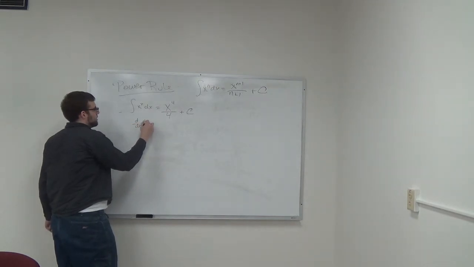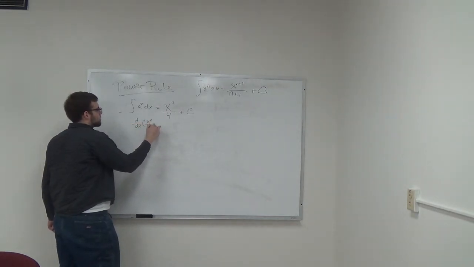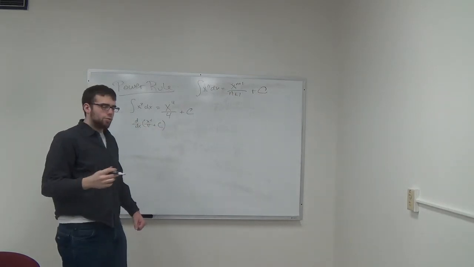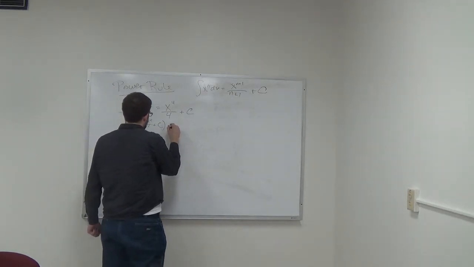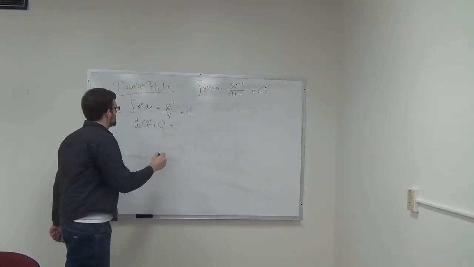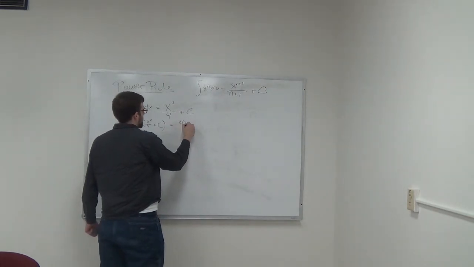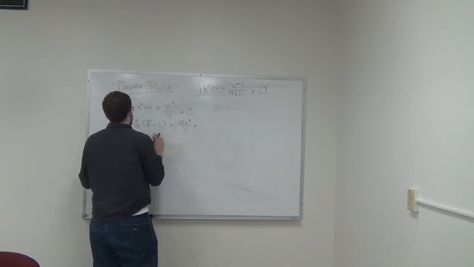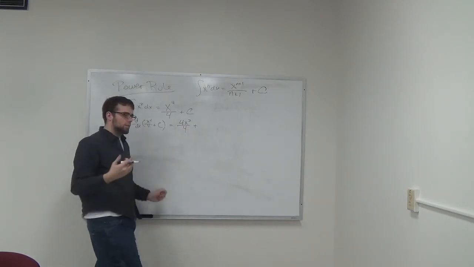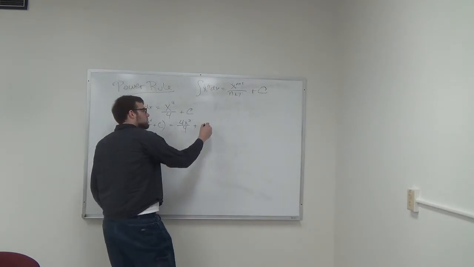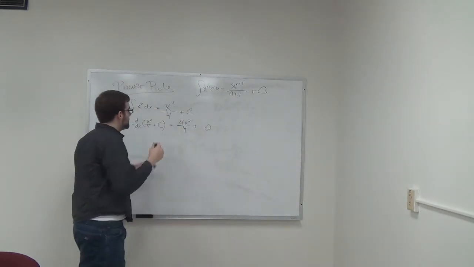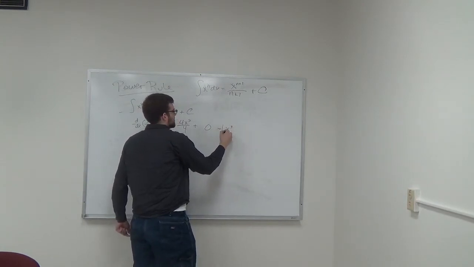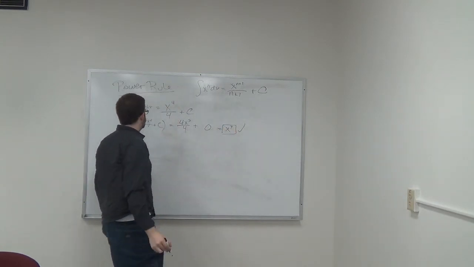The derivative of x to the 4 over 4 plus c. The derivative of x to the 4 is 4x cubed. So we have 4x cubed over 4 plus the derivative of c. The derivative of a constant is 0. 4 divided by 4 is 1. So we have x cubed, which works.